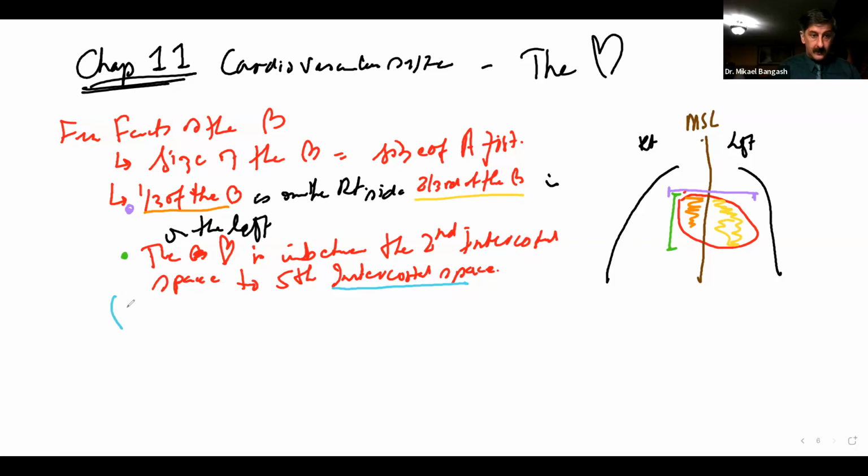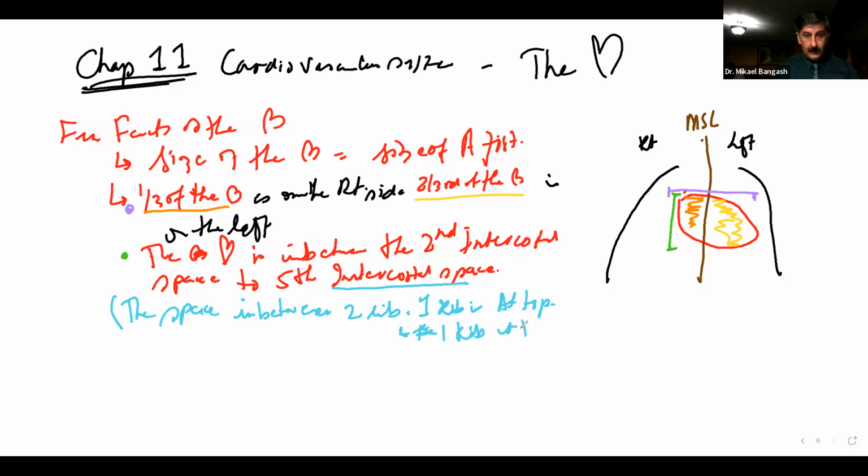let me just say that that's the space in between two ribs, where one rib is at the top and the other rib is at the bottom of the space.